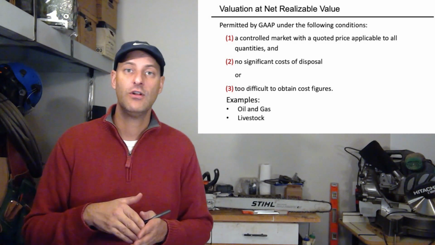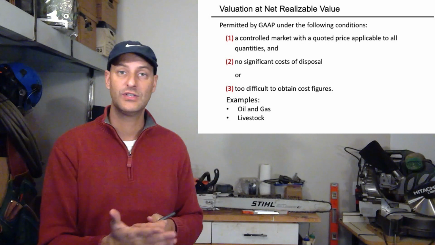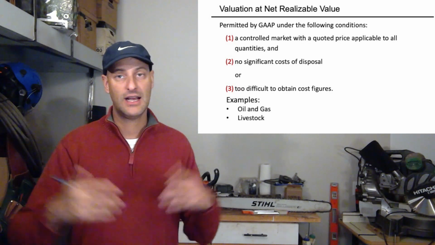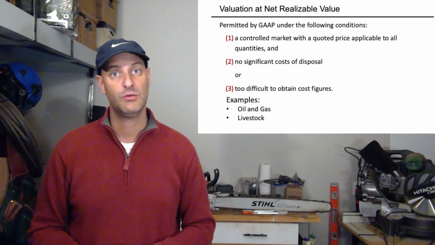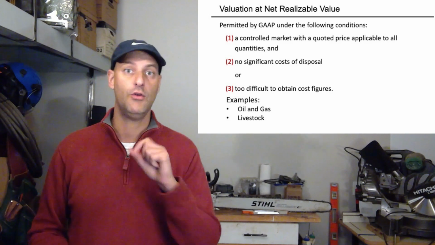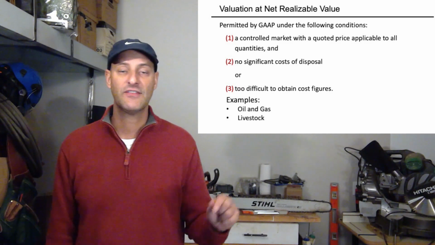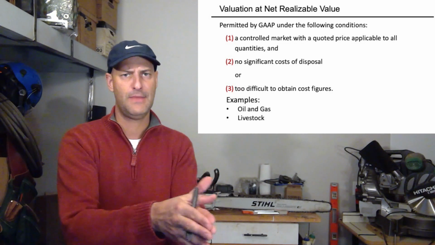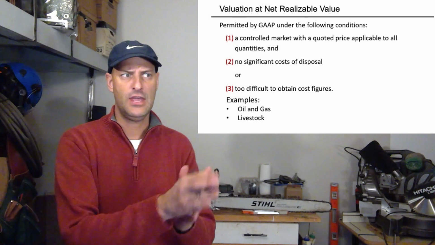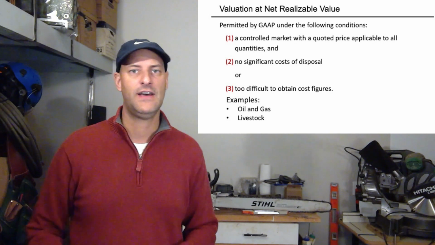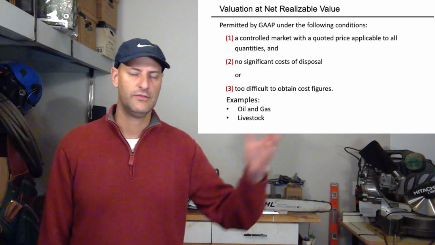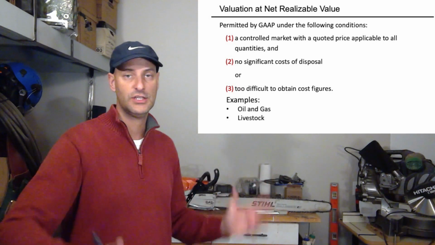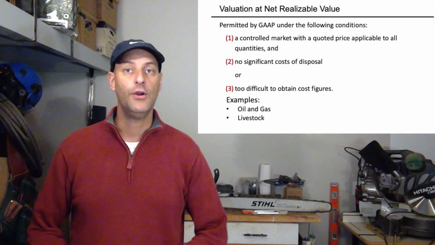Because of that quoted value, as soon as I produce the gas, I get to recognize essentially all of my revenue associated with producing that gas. I don't have to figure out what my costs were associated with getting this amount of unleaded gas, given that it may be more or less valuable than the diesel or the kerosene or the jet fuel that I'm producing from essentially the same barrel of oil.